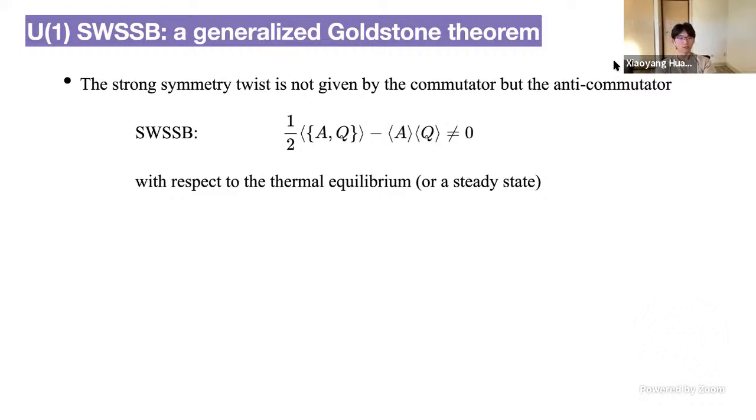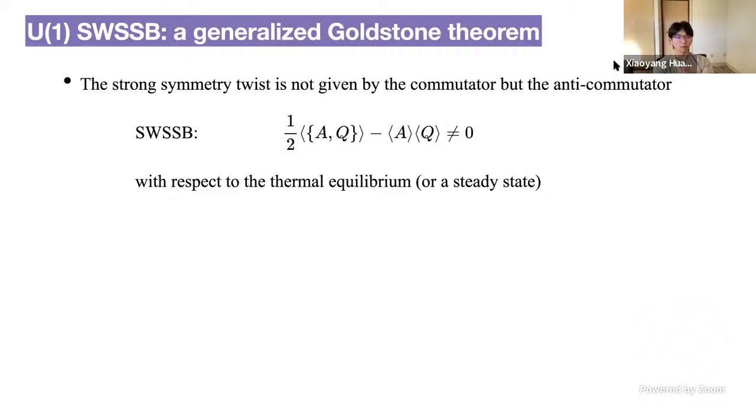Now the claim is that for the strong symmetry twist, you still need to find some twist of your charge operator under the symmetry. But now the strong symmetry twist is not given by the commutator, but by the anti-commutator. You can imagine this by thinking that you get a commutator because the weak symmetry acts conjugately on your charge operator, so you get a commutator by expanding this out.